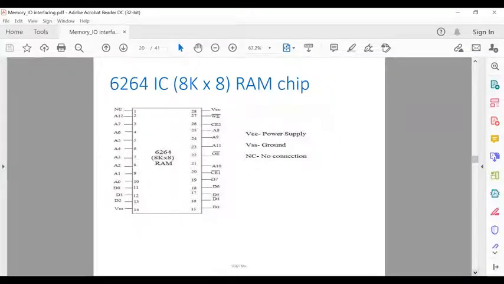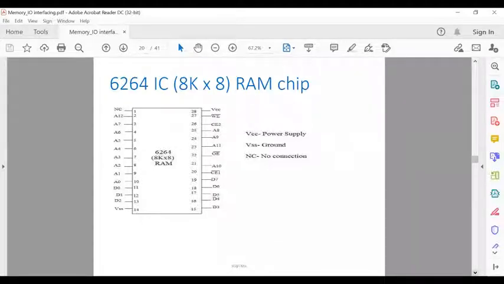Address lines connect to the memory address coming from the microprocessor address bus, data lines are connected to the data bus of the microprocessor, and control lines give the control signal, either read or write, according to the requirement.